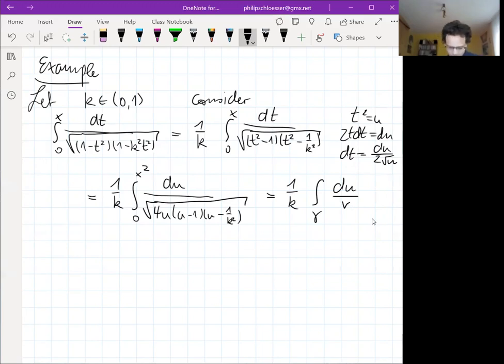Okay, so what are u and v now? Gamma maps u to u comma v, which is u comma the square root of 4u times u minus 1 times u minus 1 over k squared.